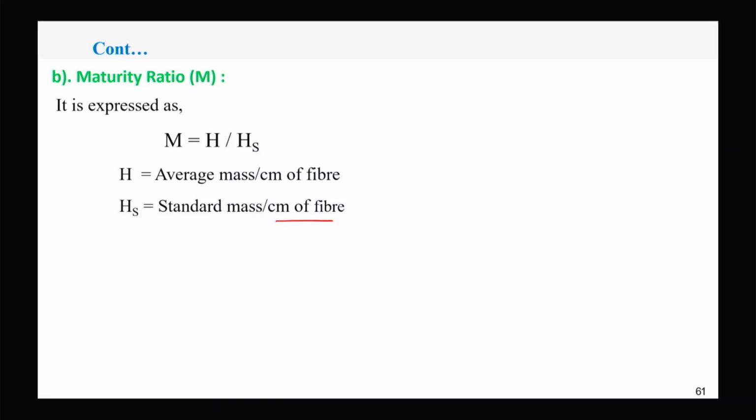But in practice, in the laboratory we don't measure maturity ratio in this fashion. We measure the maturity ratio using one empirical equation, and this we will discuss later.